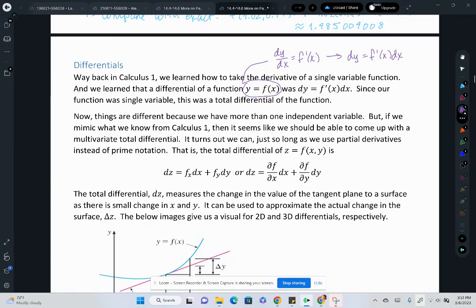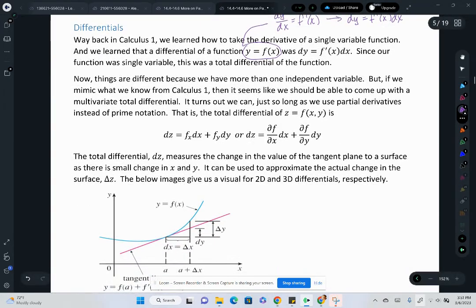And now I want to talk about it differently than the way that it's referred to in Calculus 1, because this little d is actually an operator. So d equals a derivative operator. And it takes derivatives with respect to any variable.